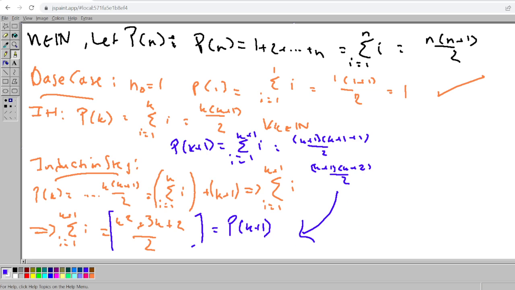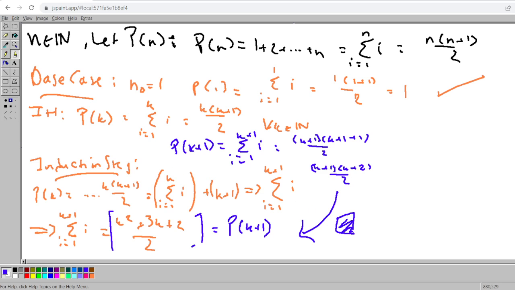Riveting. Okay, so basically showing that these two things are equal is exactly what you need to do for induction. Basically showing that the property holds no matter what value you're at. By the principle of mathematical induction, we have now shown that P(n) is true for all n in N, because we've shown that these two things are linked and therefore consistent for every k in N. So proof over.